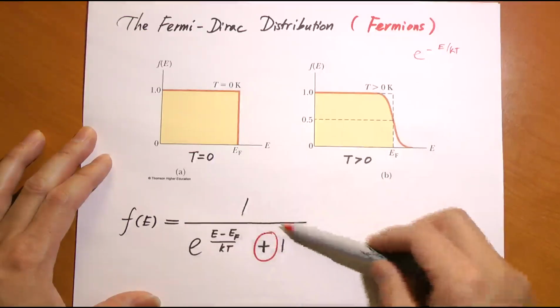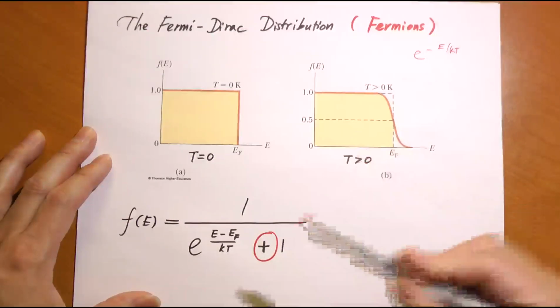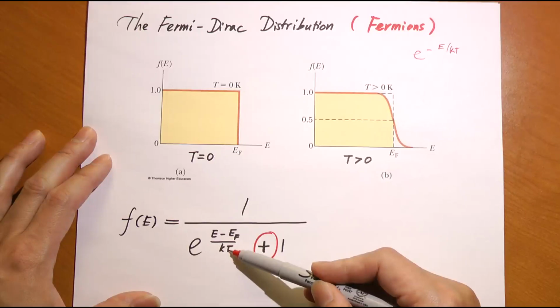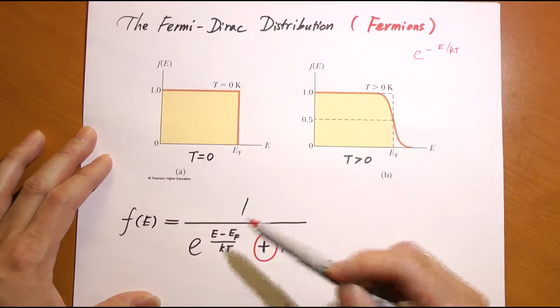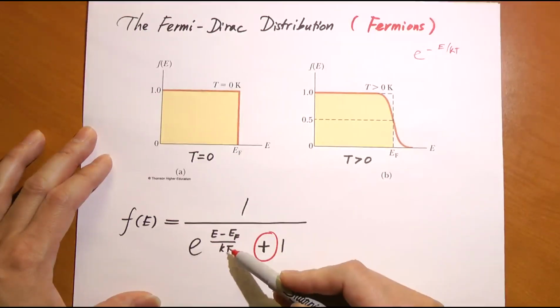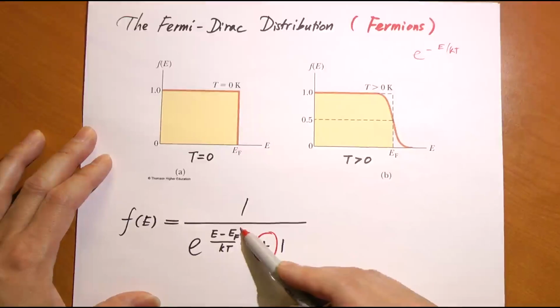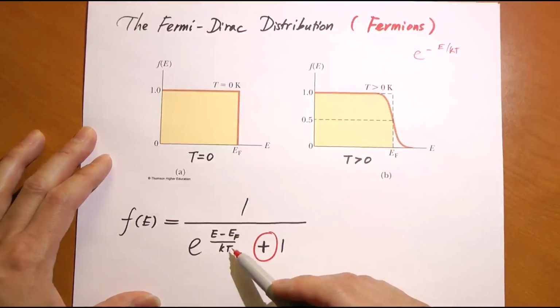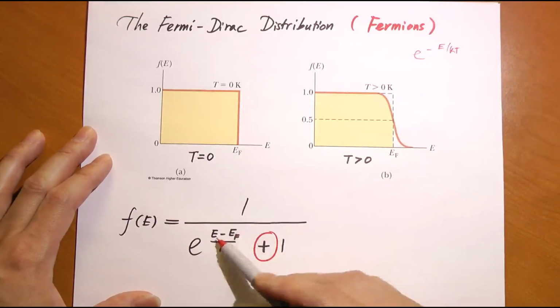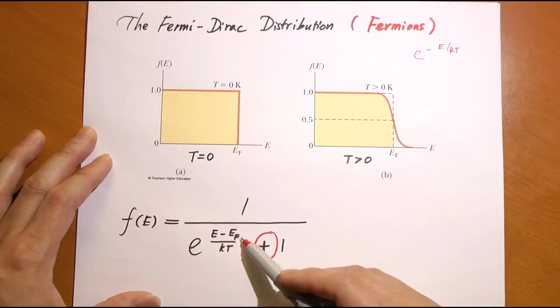It looks like a smooth function, and yet at T equal to 0, this becomes a function with a sharp transition. When T is very, very low, almost 0 but positive, then this exponent is either positive infinity or negative infinity, depending on whether E is greater than EF or E is less than EF, right?